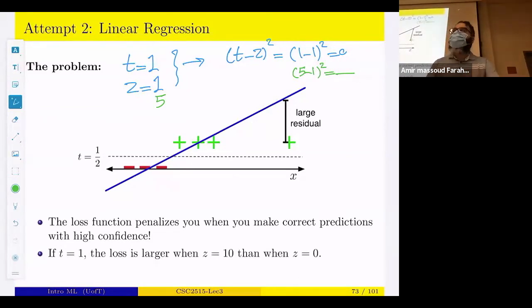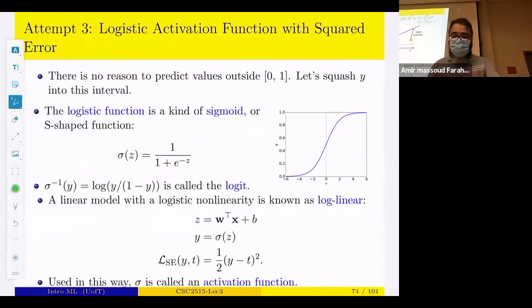Okay, so this is squared error. So that's a problem of the squared error. What was the source of the problem? You can argue that one of the sources of the problem was that your model was predicting something larger than a range of 0 and 1. So what if you squish everything to make sure everything is going to be between 0 and 1?